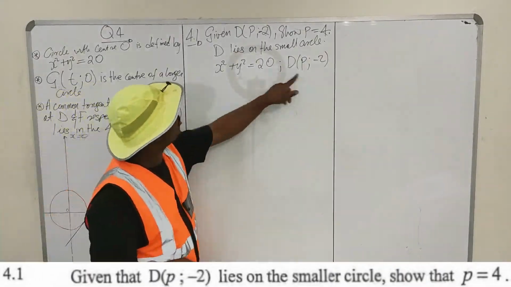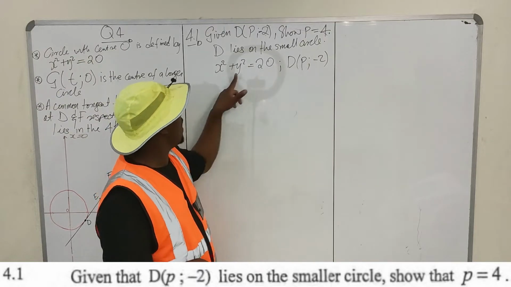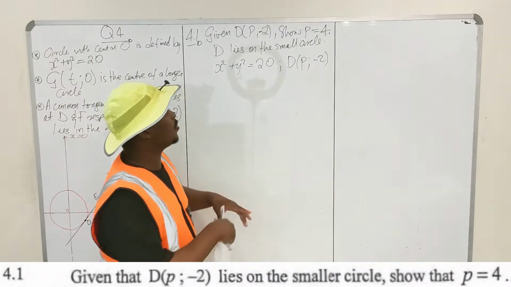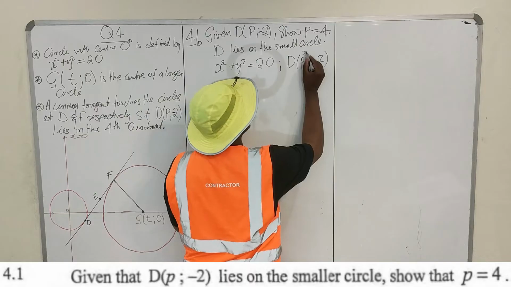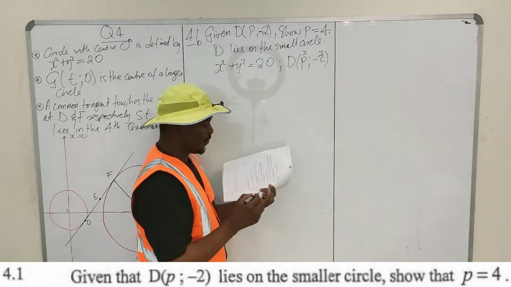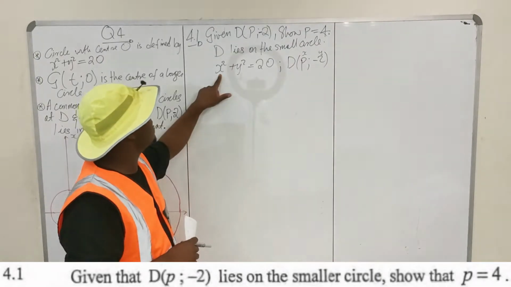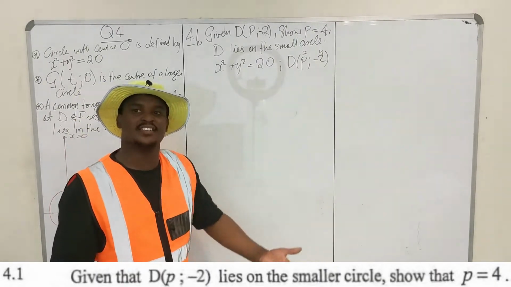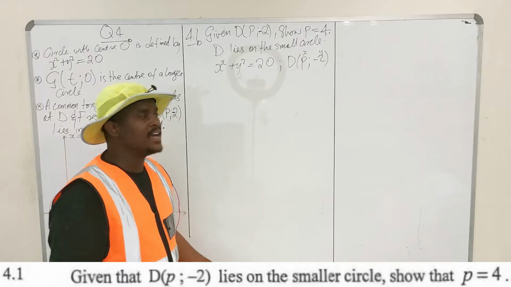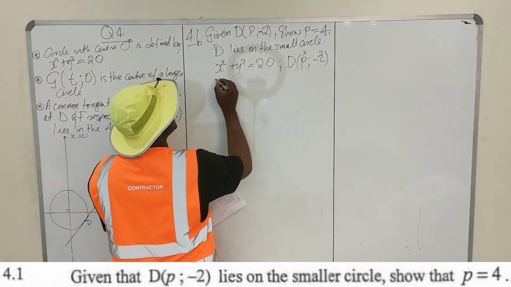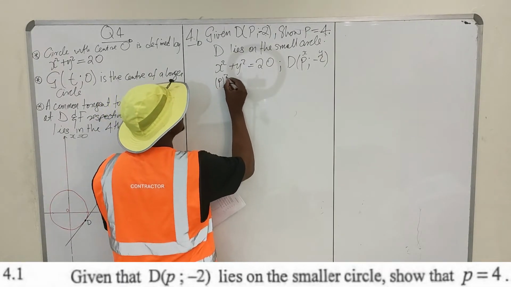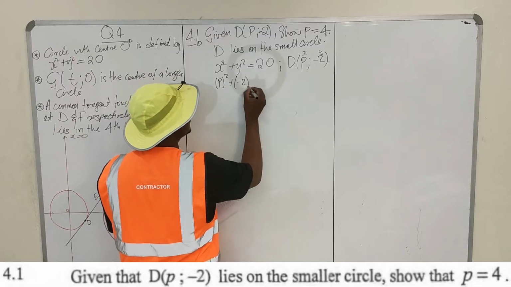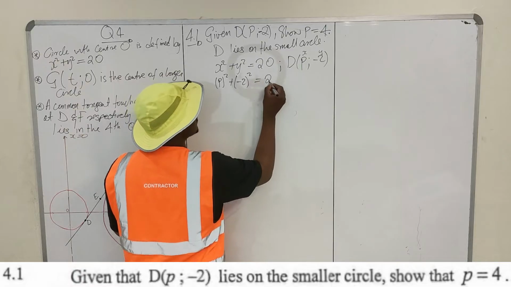Which means you can substitute your p and your -2 for x and y, because these are coordinates: this is your x-coordinate and this is your y-coordinate. If you substitute them, it should give you 20, because this point lies on the circle. So p squared plus (-2) squared is equal to 20.